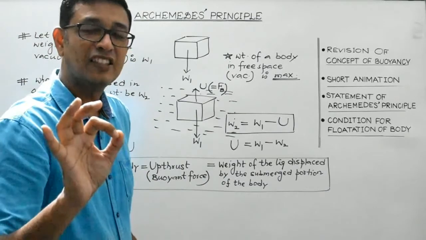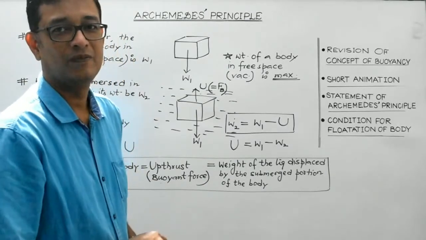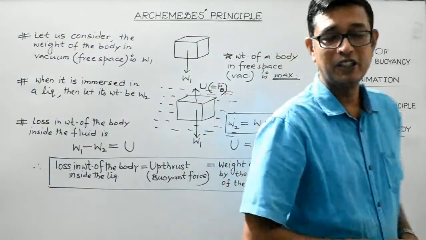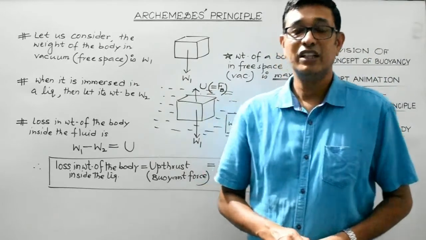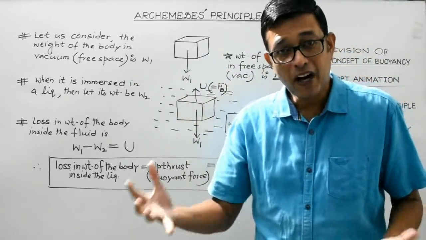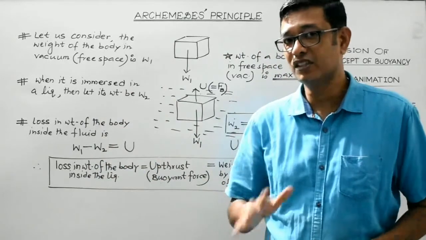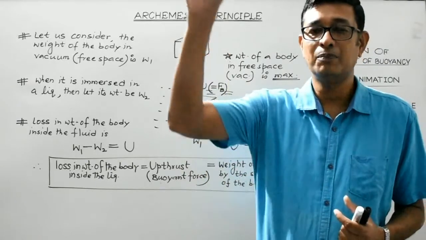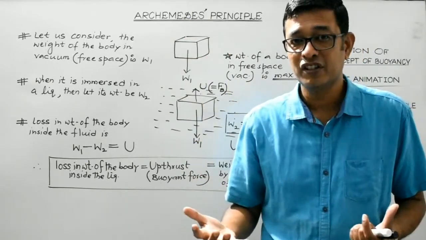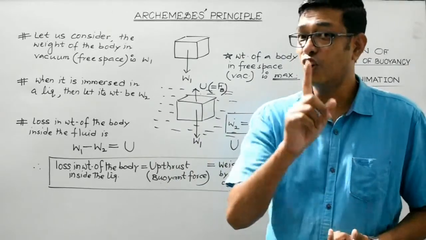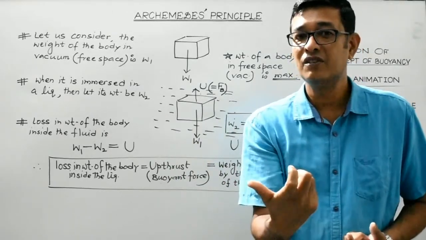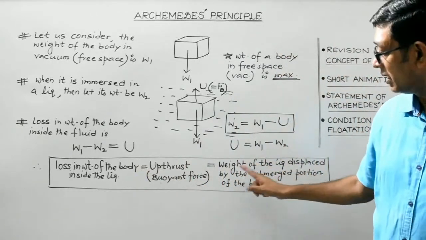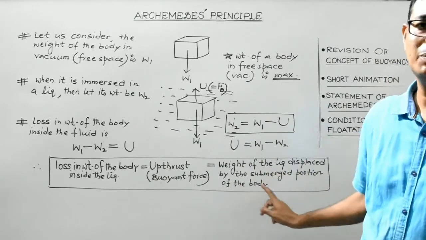So this is the statement of Archimedes Principle. Clear, students? Again I repeat, Archimedes Principle states that when a body is partially or completely immersed inside a liquid, then the liquid exerts on the body an upward force, as a result of which the body loses weight, and the loss in weight of the body is equal to the upthrust, which is equal to the weight of the liquid displaced by the submerged portion of the body.